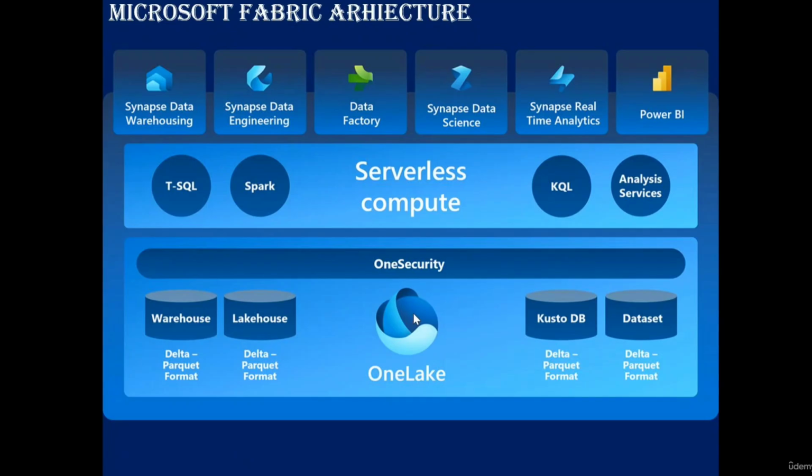Now if the marketing team wants to store some data, they can create subfolders. If they want to store data in terms of files, they can create a Lakehouse folder within the workspace. If they want to create some tables, they can create a warehouse folder to maintain the data in terms of tables.